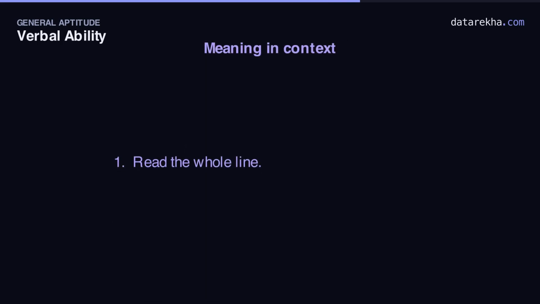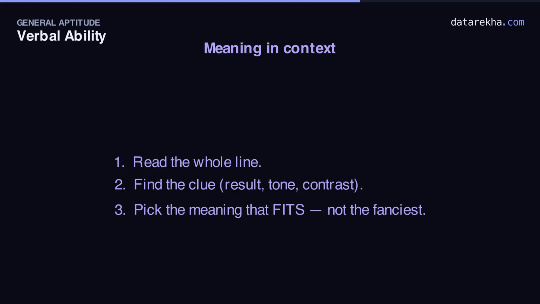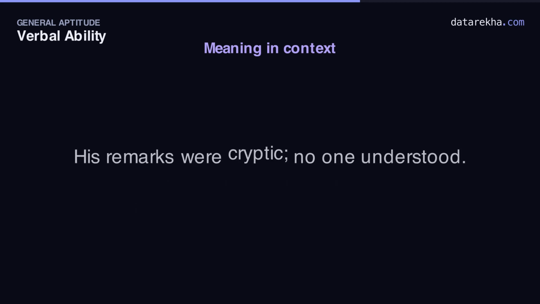Shape 4. Meaning in context. A word can carry several meanings, and your job is to choose the one alive in this sentence. So read the whole line, hunt for the clue, a result, a tone, a contrast, and pick the meaning that fits. Never grab a word just because it looks impressive. A synonym in context.